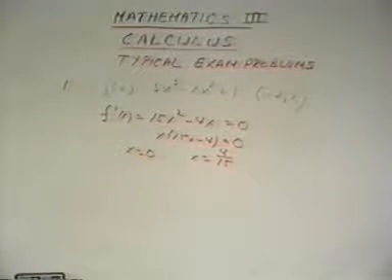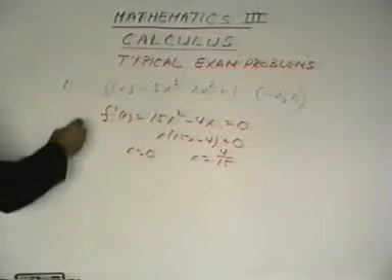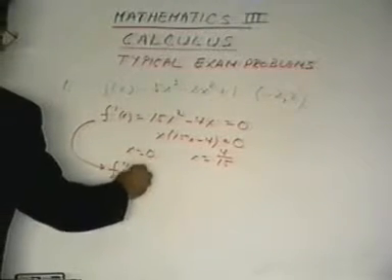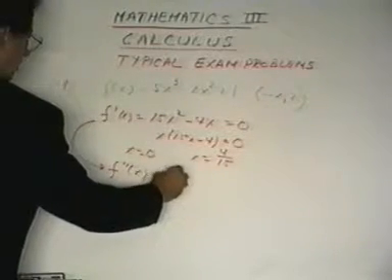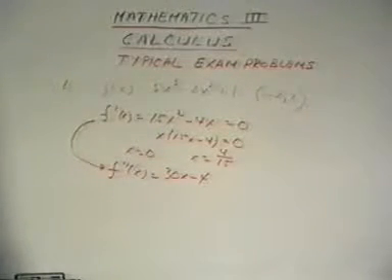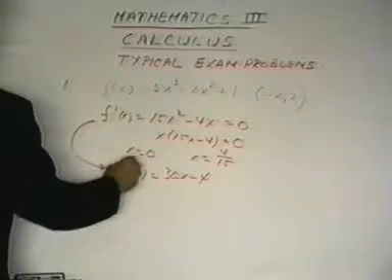Now test to see if I have a maximum or a minimum or an inflection point. So I take this and I differentiate again. F double prime of x is equal to 30x minus 4. Now let's test this and see what happens at x equals 0.